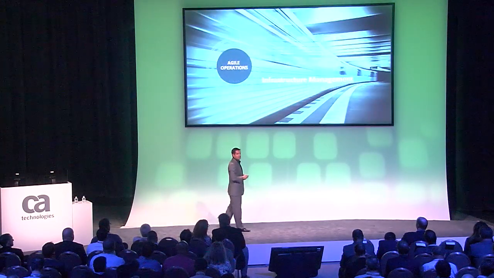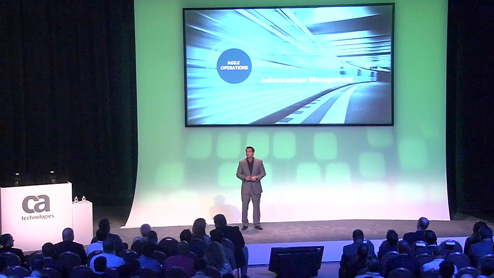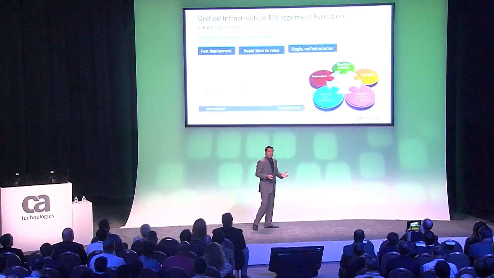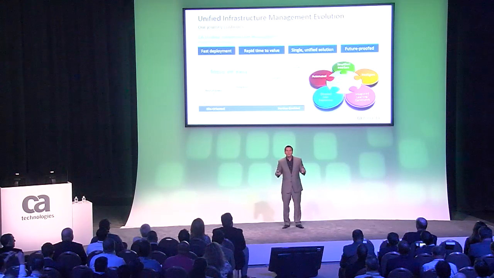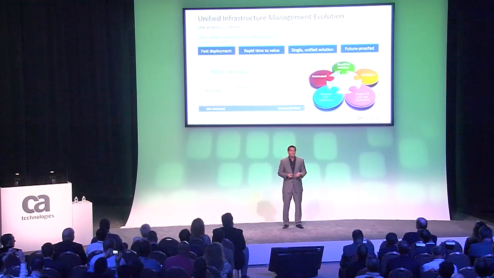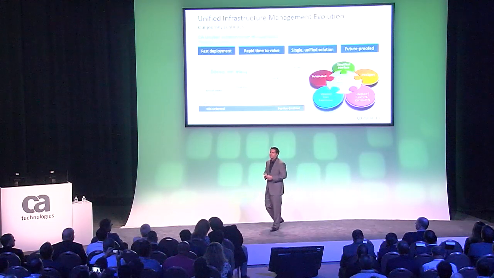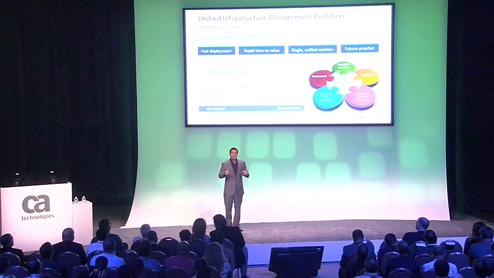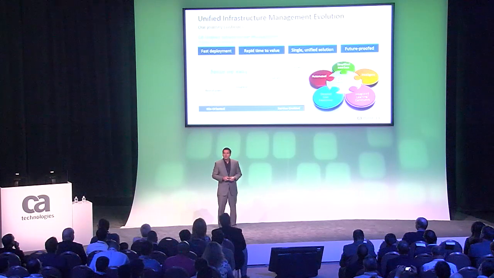Okay, now the second component of agile operations is infrastructure management. All right, at the beginning of our infrastructure management journey, we acquired a set of best-of-breed products, including eHealth, Spectrum, the NetQoS suite, NIMSoft, among others. Now, in the past year, we have accelerated the development of those products.